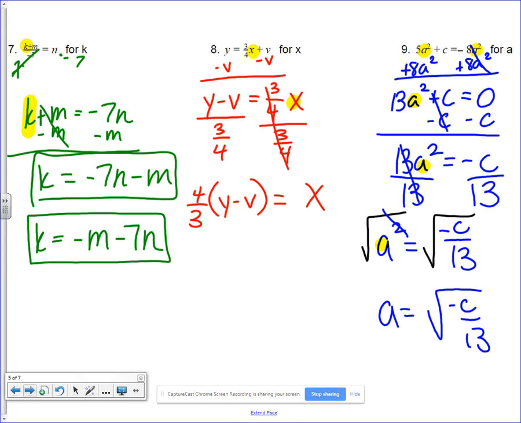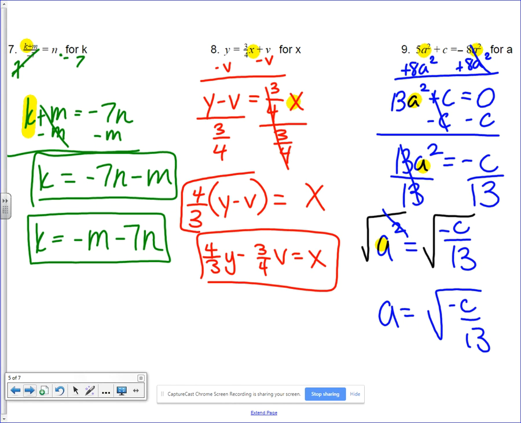Everybody understand? Yes? Now, I get asked a lot, do I need to distribute the 4/3 to the y and to the v? You don't have to. Either of these answers are good. Okay, but you can't leave it like this with that fraction inside of that other fraction.